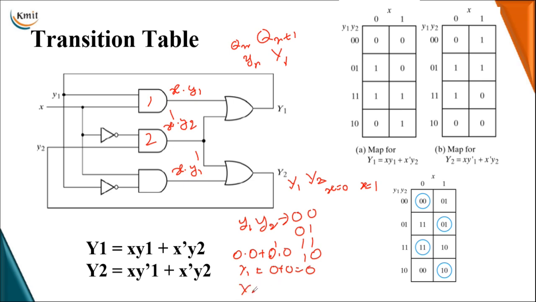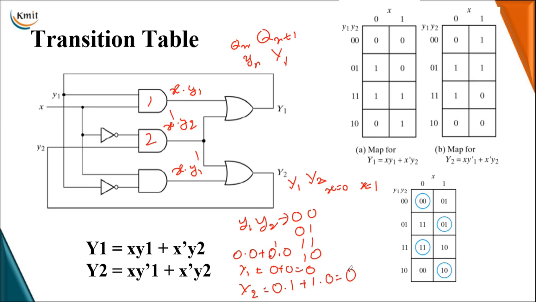In the same manner, find it for y2. By replacing x with 0 and y1 y2 with 0 0, we obtain Y1. Now in the same manner find it for Y2: x is 0, y1 bar is 1 plus x bar is 1, y2 is 0.